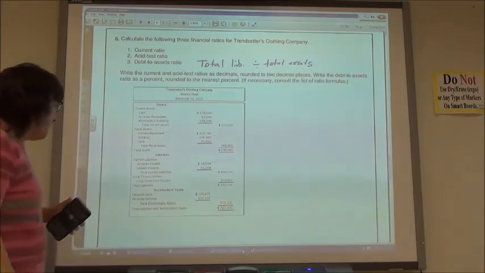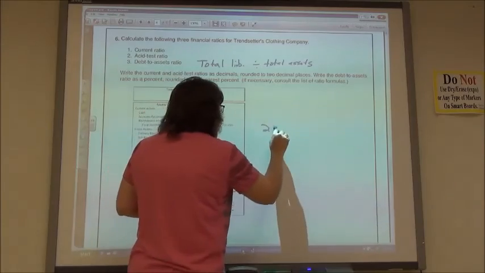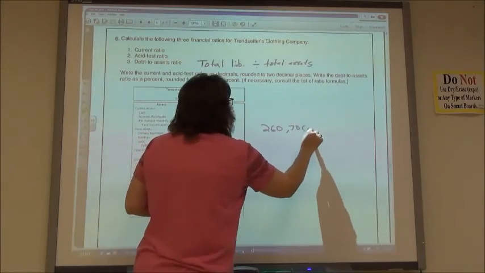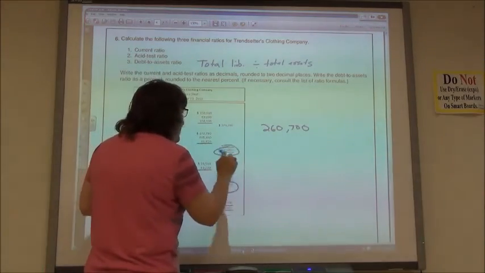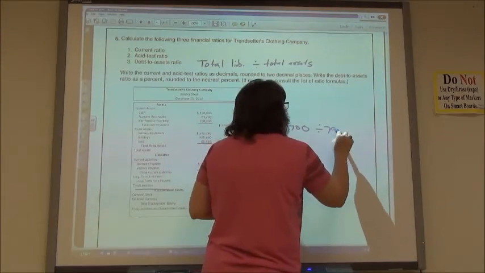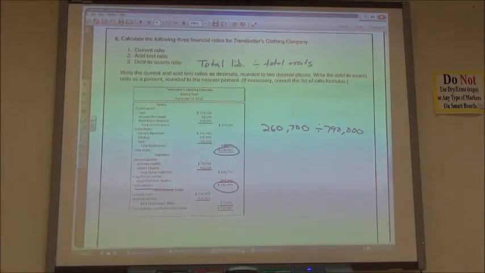So, total of my liabilities, $260,700. The total of my assets, $790,000. Again, make sure you do the total, not the current ones like we had on the previous test.